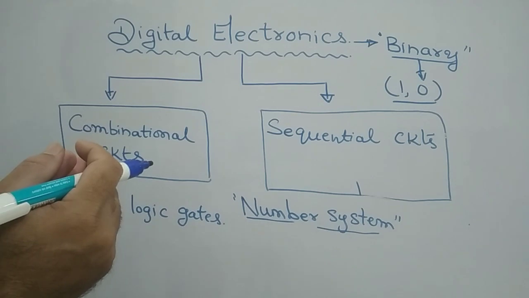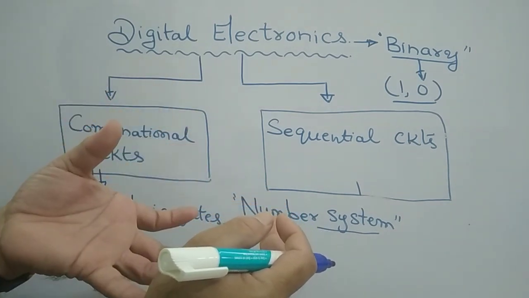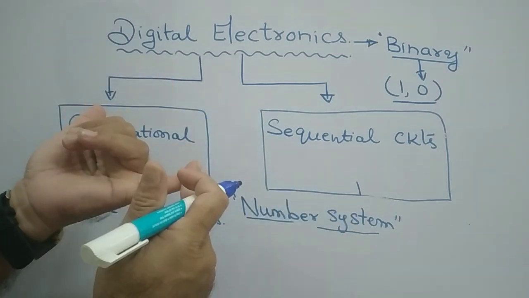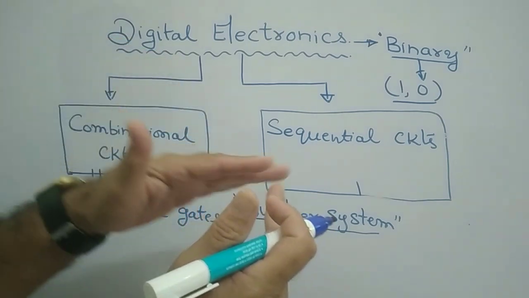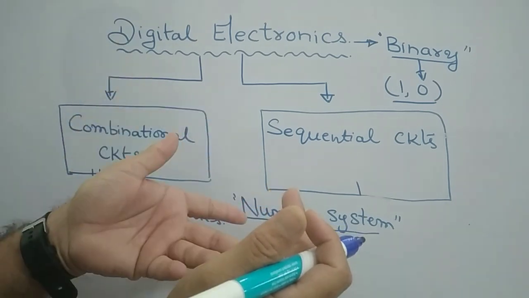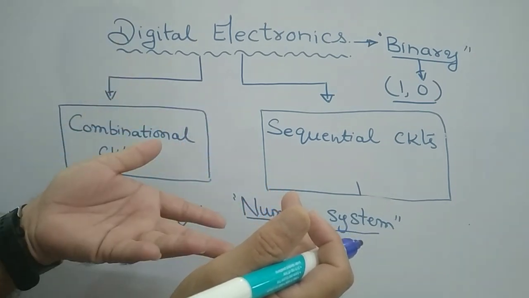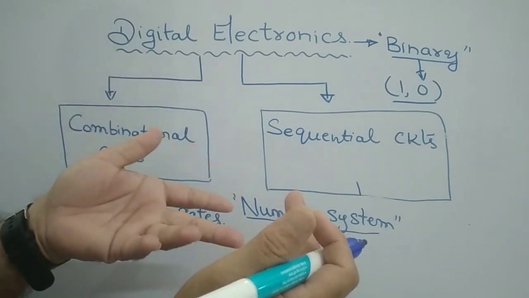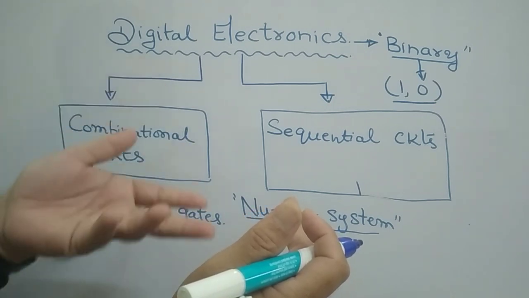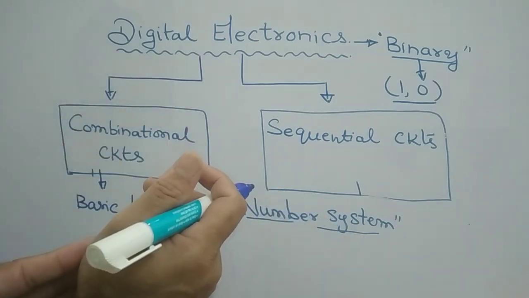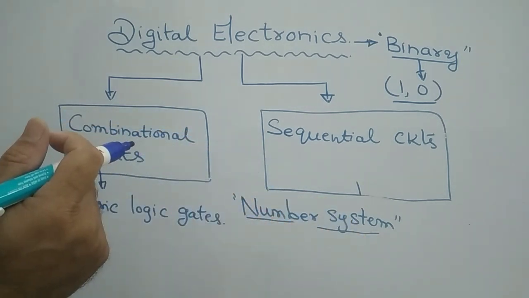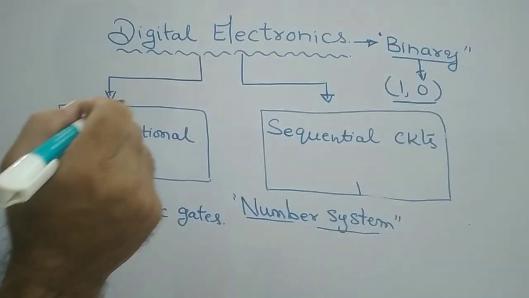To represent the information, we can represent it in four different ways: the same information can be represented in the binary number system, in decimal, in octal, and in hexadecimal. There are four ways of representing that particular information under the numbering system, out of which the first is the binary number system.